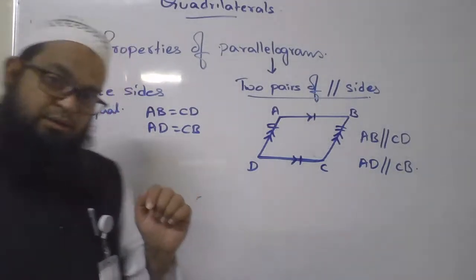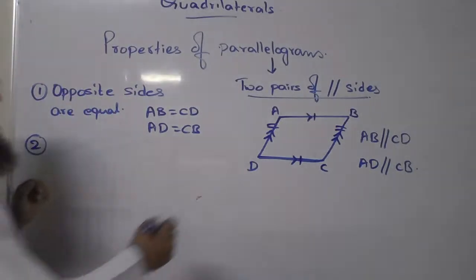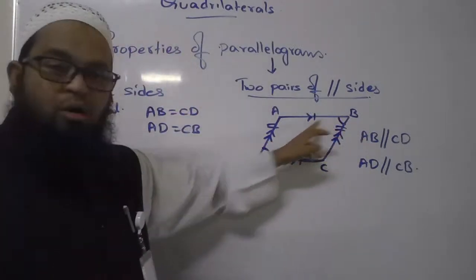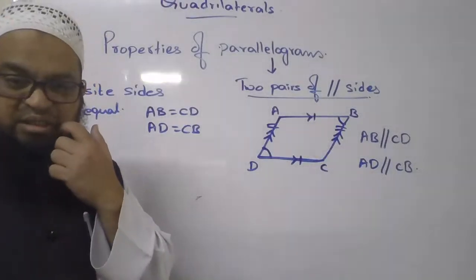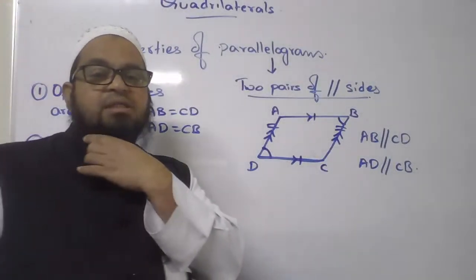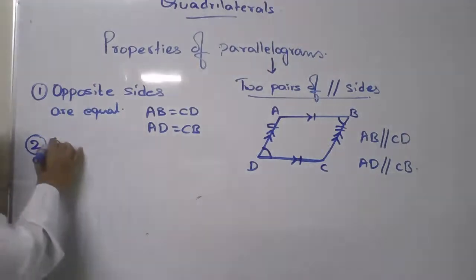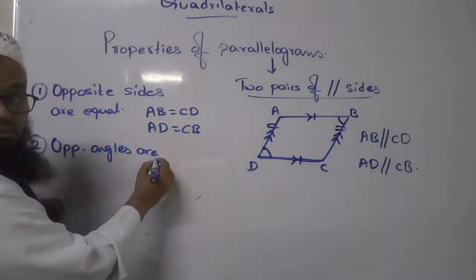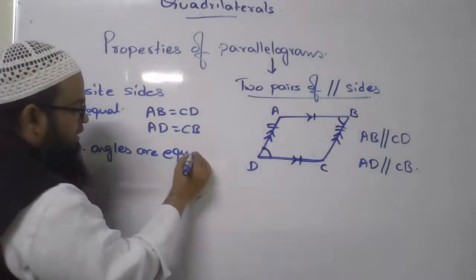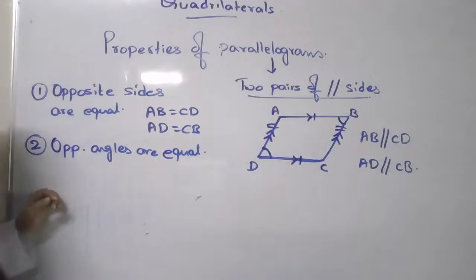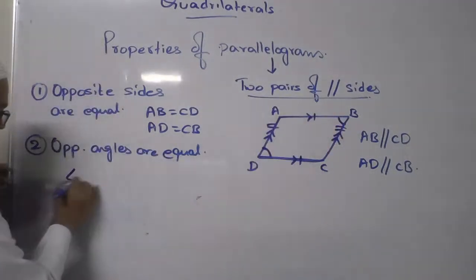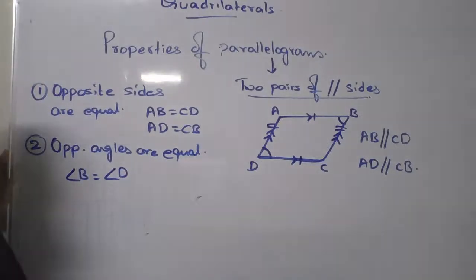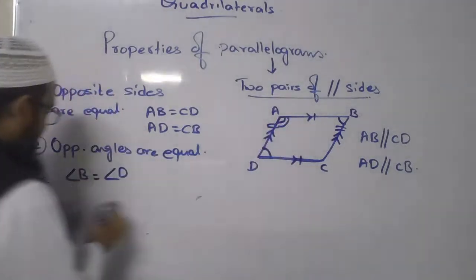Now let us go to angles. So what do you say about angles? Can anybody message me? What do you say about opposite angles? Opposite angles are equal. So what are opposite angles? Angle B is equal to angle D. And what about angle A?